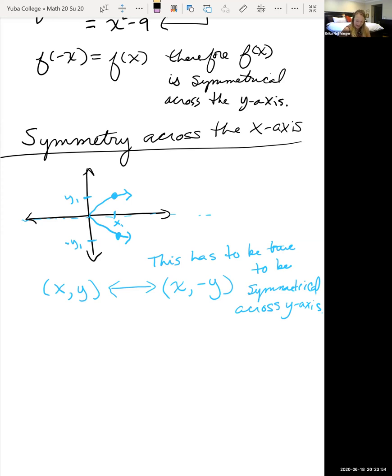Another way to say that, if we think of y as f of x, so if we have that point x, f of x, this is the same thing as saying x, negative f of x.